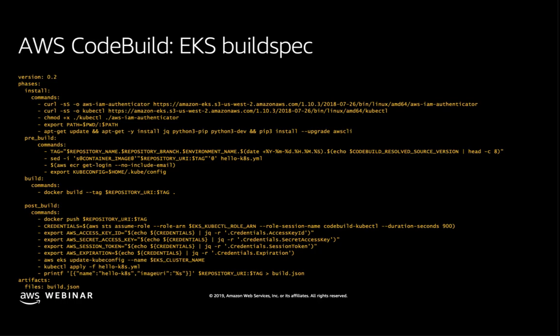We're then going to, again, log into the ECR repo, build our Docker container, push that Docker container up to the repo, and then update our service in EKS to use that new container image that we just built. I'll show you how this works in the demo as well.